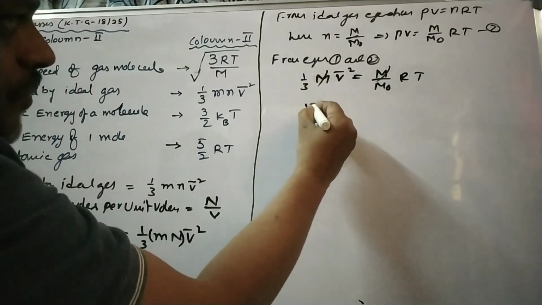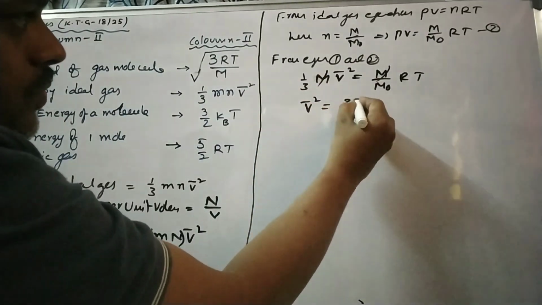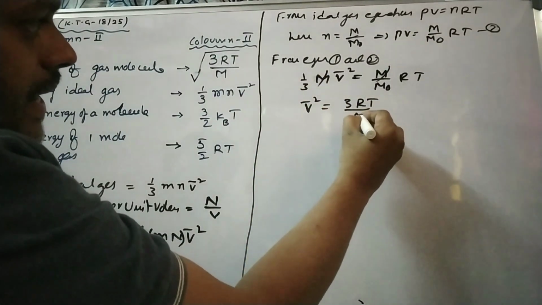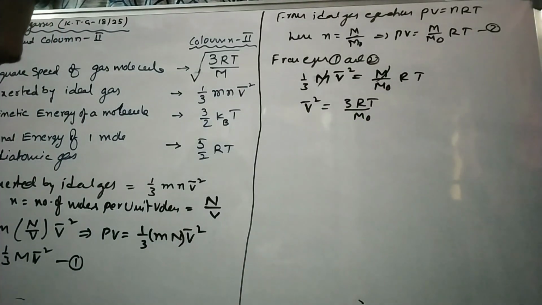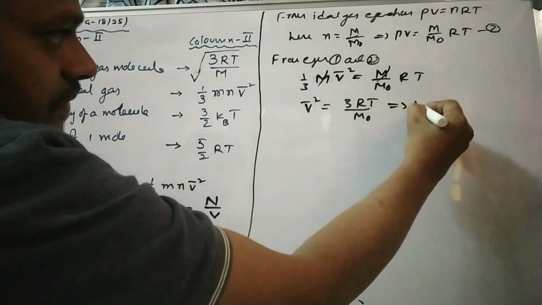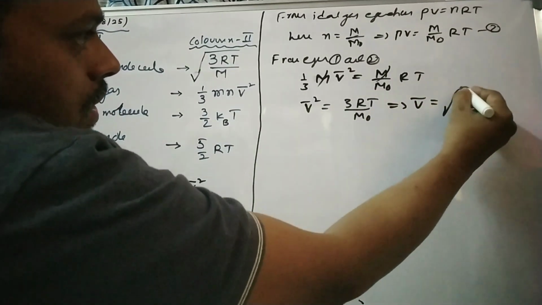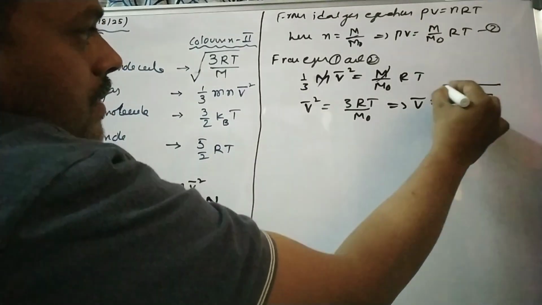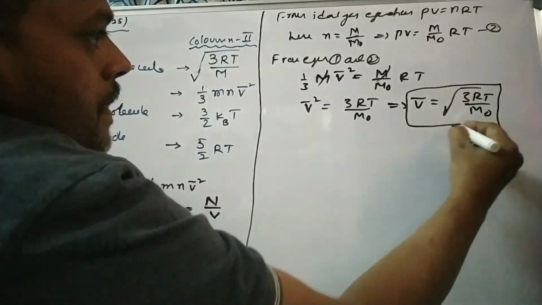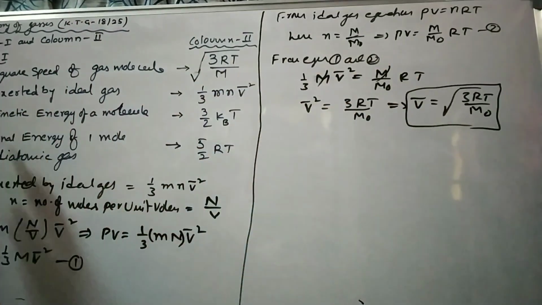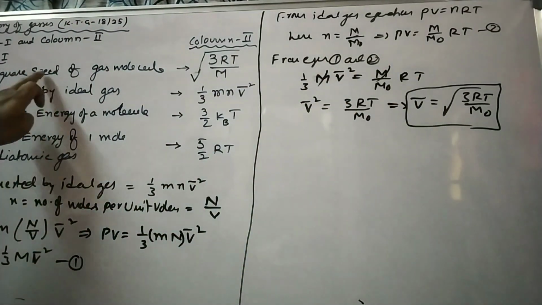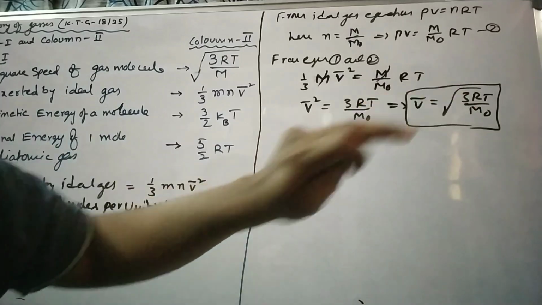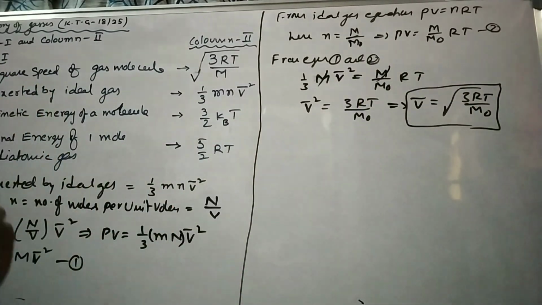So v bar square is equal to 3RT by m naught. That implies v bar is equal to under root 3RT by m naught. This is the expression for root mean square speed of a gas molecule. So the first one and the second one are both the same.